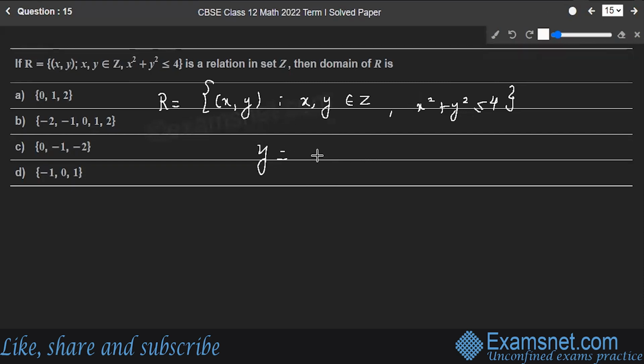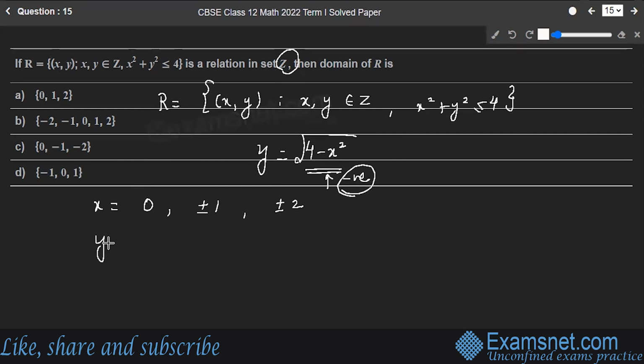See, y over here will be given by y is equal to the square root of 4 minus x squared. Now, since it belongs to integers, x can have only the values 0, plus minus 1, plus minus 2. It can't have greater values than that because then inside the square root you will have a negative term if you take an x value higher than this.